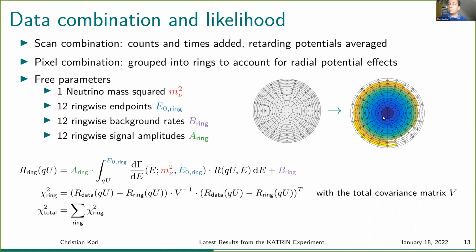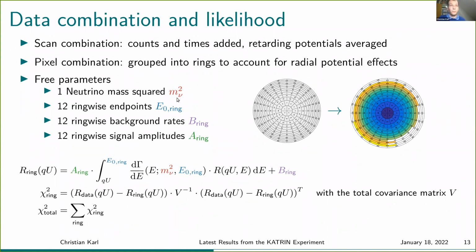But we also start grouping these into rings. And the reason for this is that we basically see different potentials in every ring. And we may also have unknown potential differences over every ring. And for this, we want to have basically a ring-wise potential parameter to account for this. So what we end up is having one neutrino mass squared, which is of course shared over everything.